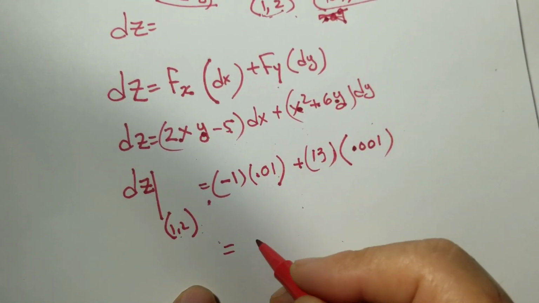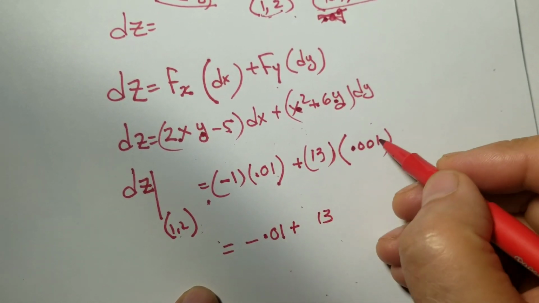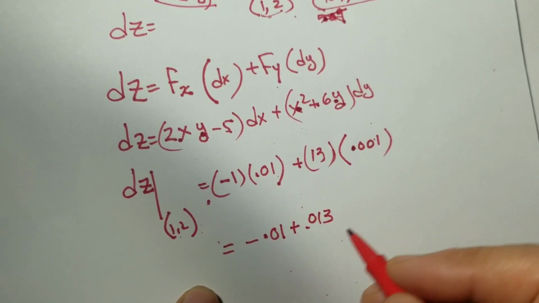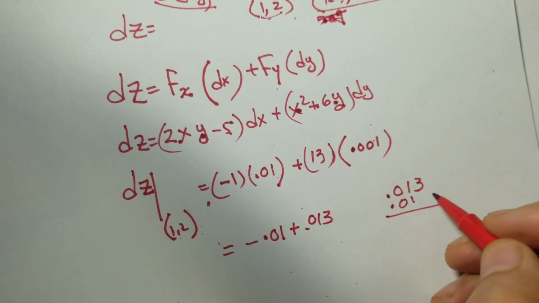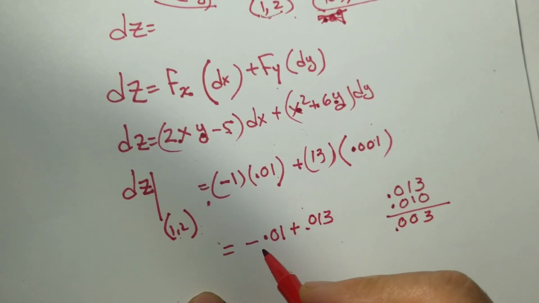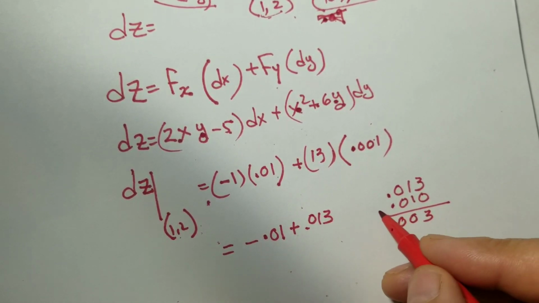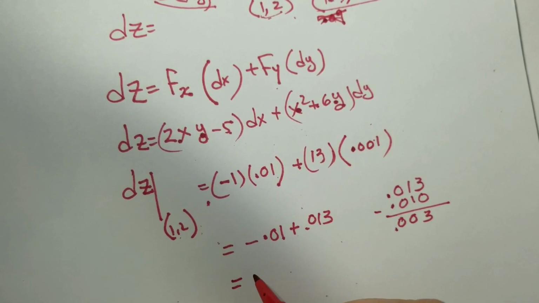And look at how easily I can do this. 13 times 0.001 is 0.013, and negative 1 times 0.01 is negative 0.01. When you combine them, the change is going to become 0.003.